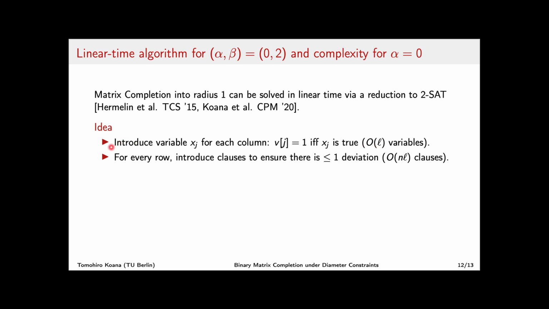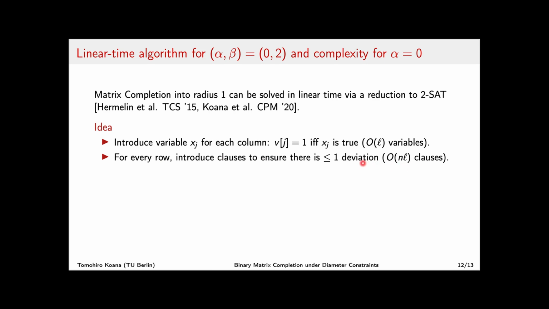And then for the clauses, we are going to add the following. For every row, we are going to introduce clauses to ensure that there's at most one deviation from that particular row. And we can encode such a constraint using big O of n clauses.